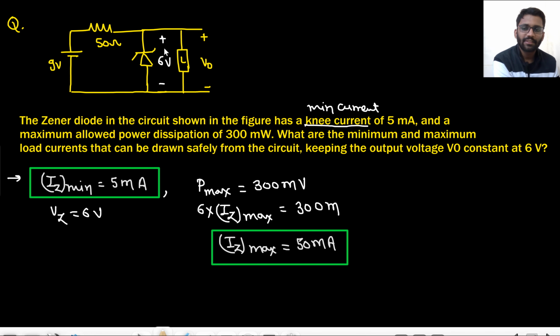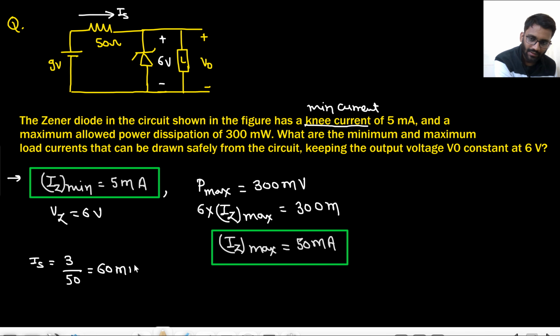Now tell me, if this is fixed at 6, that means (9 minus 6) by 50. How much current is coming from here? How much is the IS current? IS current is (9 minus 6), 3 by 50, that is 6 by 100. That means 60 milliampere current is coming. Now the 60 milliampere current will be divided between 2.